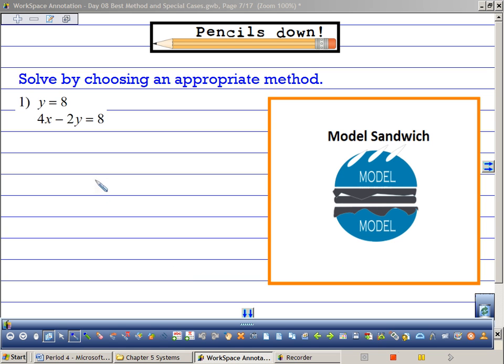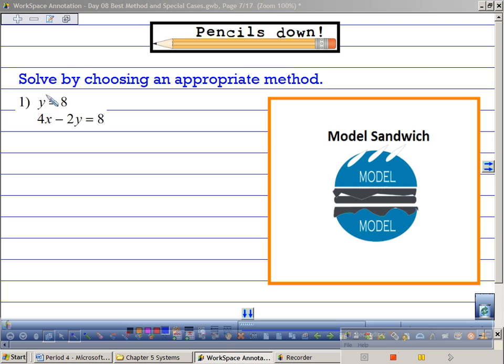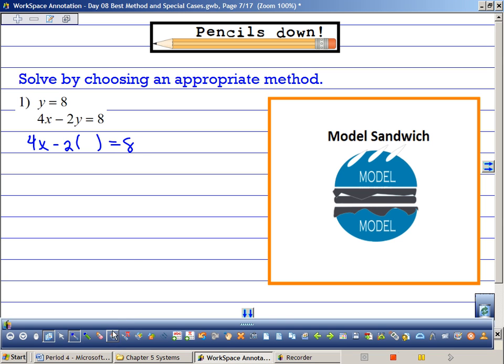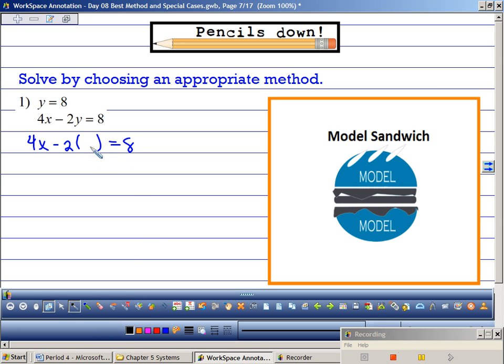All right, so best method. I'm going to come up with a plan. My plan is I have one variable that is already solved for me, right? So I'm just going to use substitution. 4x minus 2y equals 8. I already know what y is.